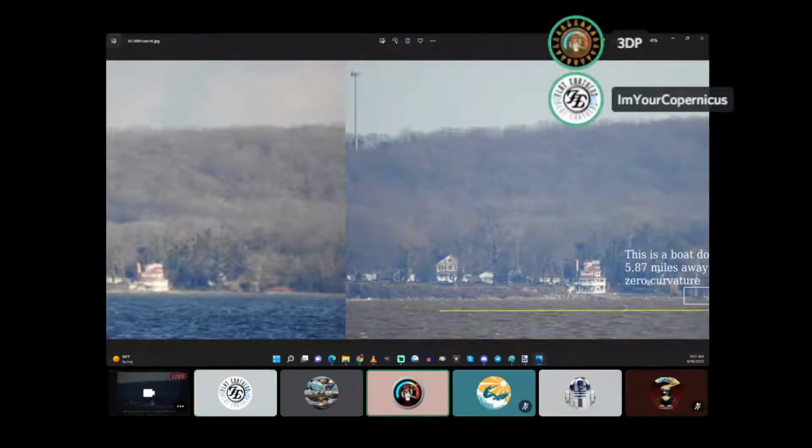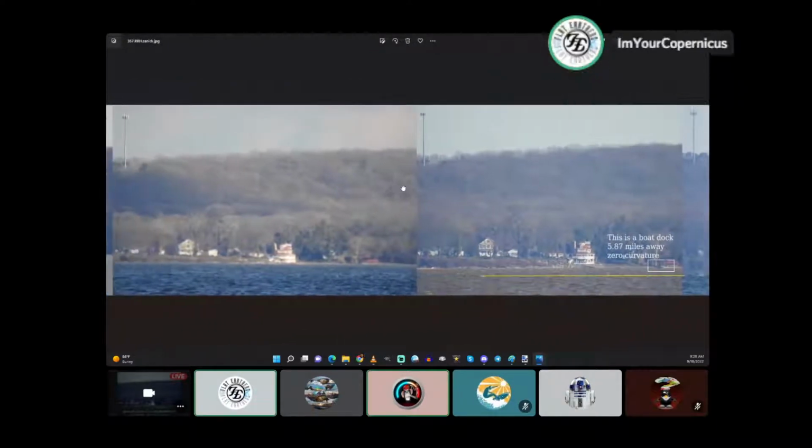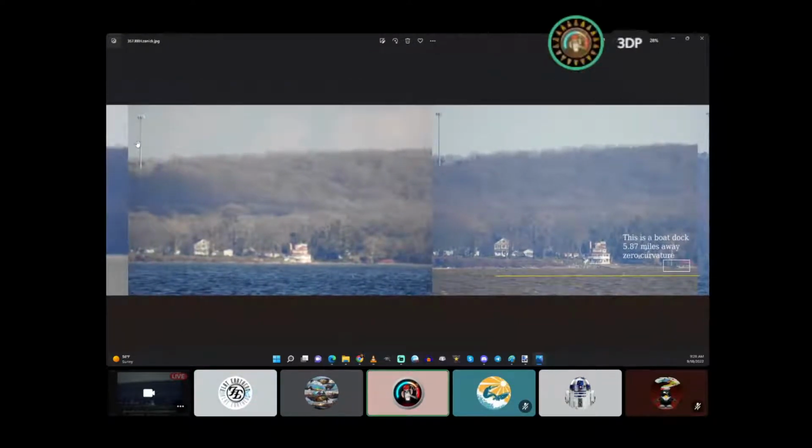What I appreciate about this target is that this antenna is always right here. I always orient this antenna in the top left corner.